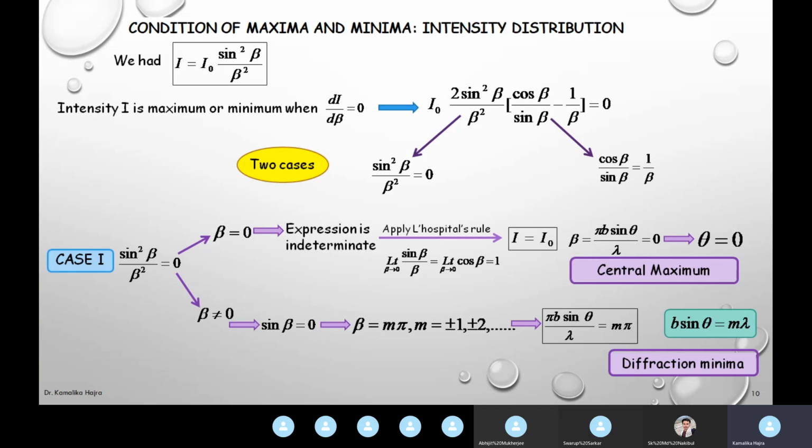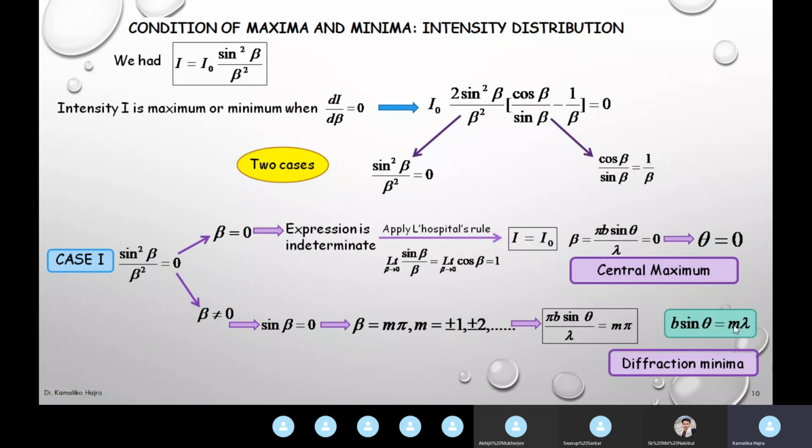So from the first case we get two things, the central maximum and the diffraction minima. Now you can see that there is not one but several minima, but there is only one central maximum and several diffraction minima.